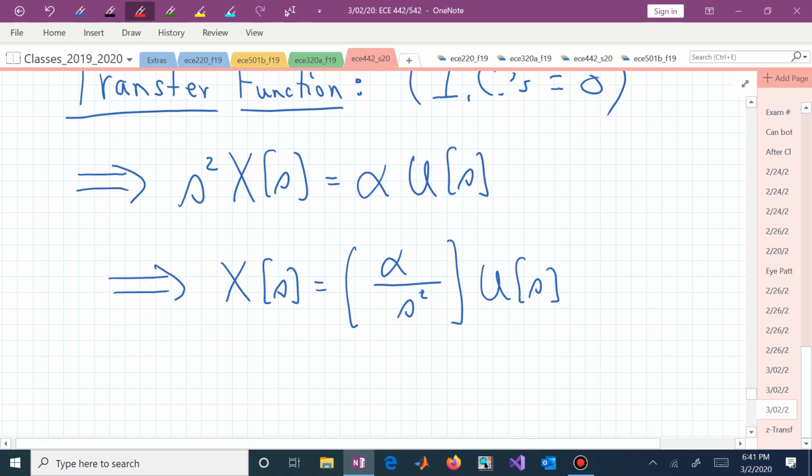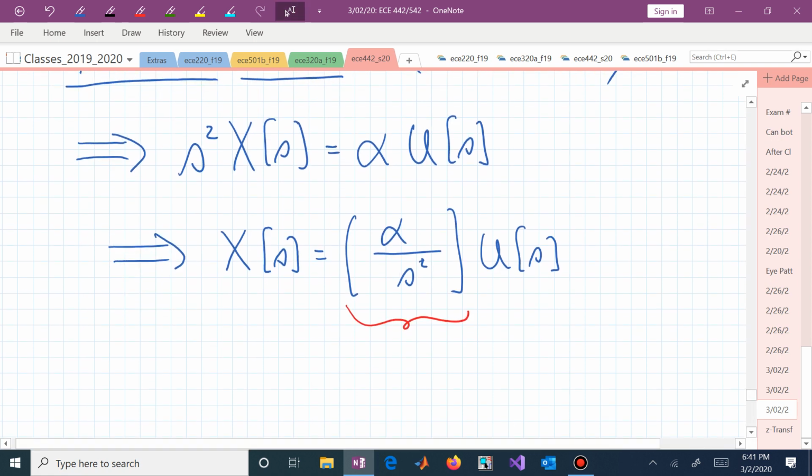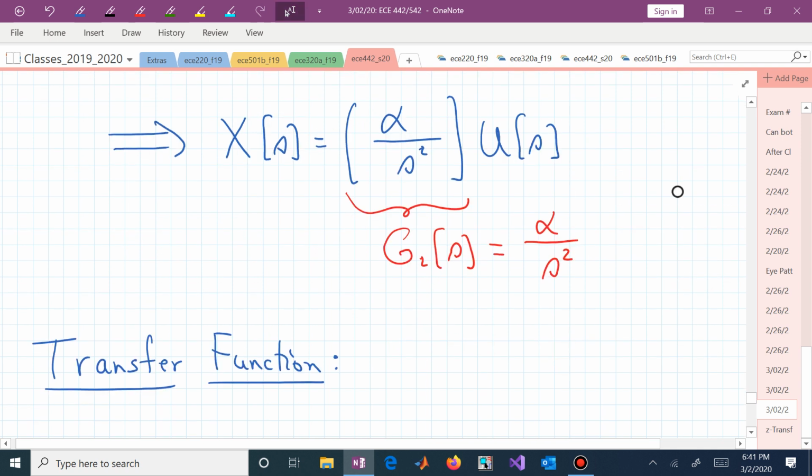And this, hiding in plain sight, is the capital G sub 2 of s. That's our plant now that we want. The Laplace transform of a pure mass is now equal to alpha over s squared, where alpha is just a constant.